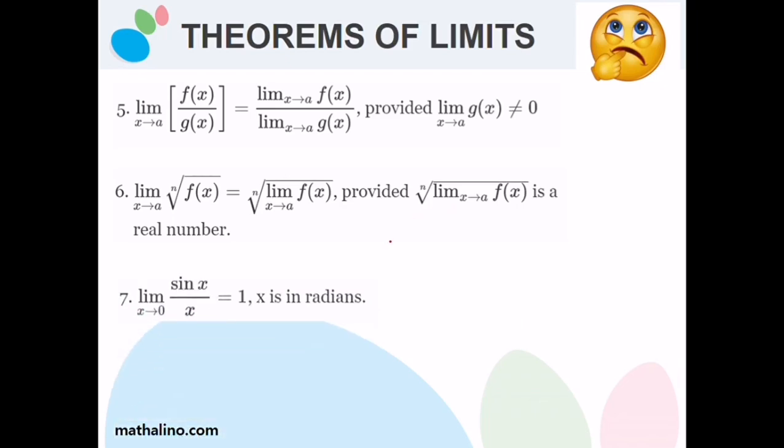The seventh one is the limit of sine x over x, wherein x approaches 0, which is equal to 1. x must be in radians.